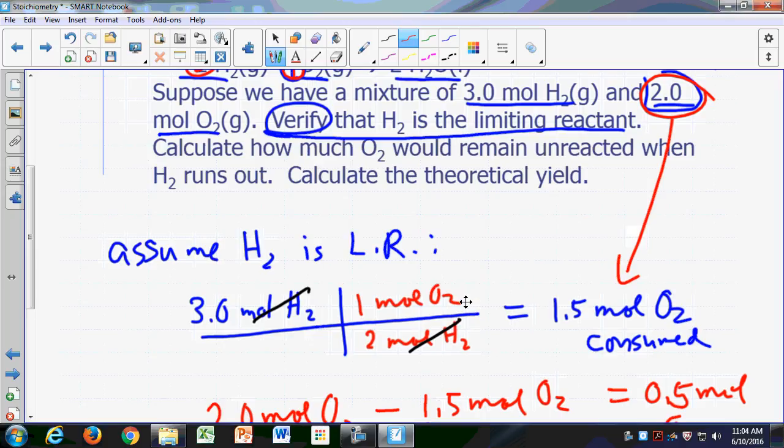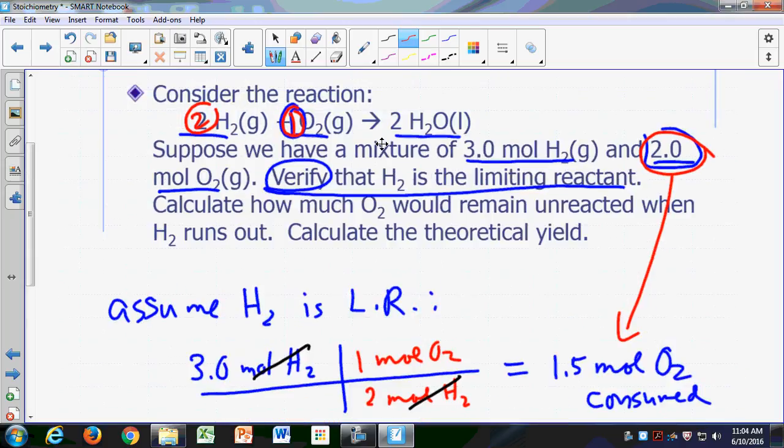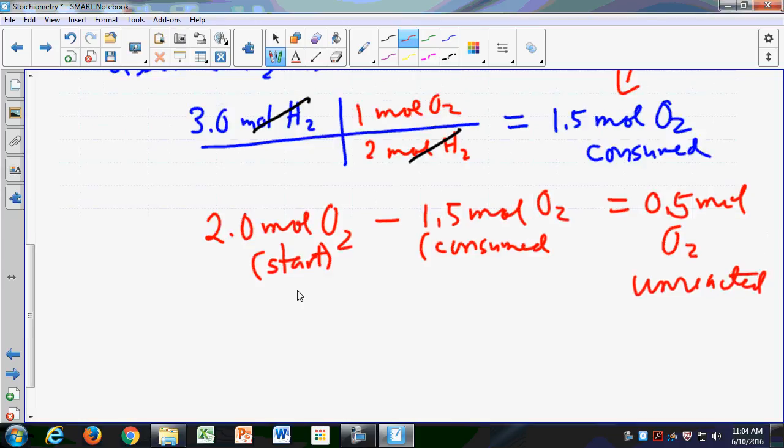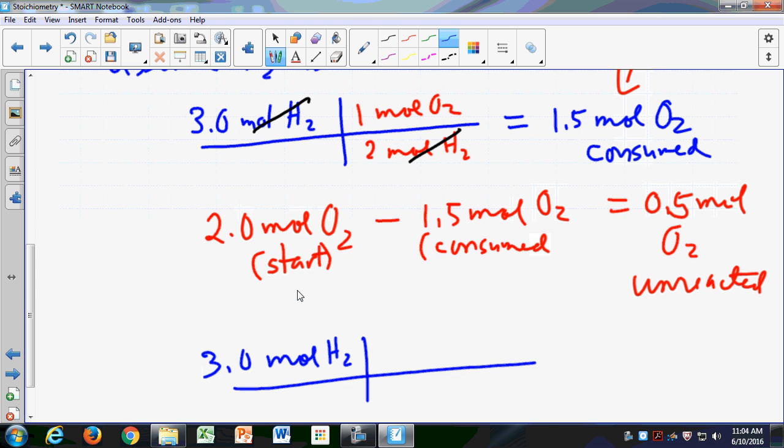Okay, so what's our theoretical yield? Well, you could calculate the theoretical yield by figuring out how much water you're going to make given the amount of H2 that you consume, the amount of limiting reactant. So your theoretical yield would be 3 moles of H2 times, we're looking for water.